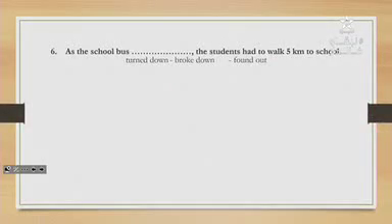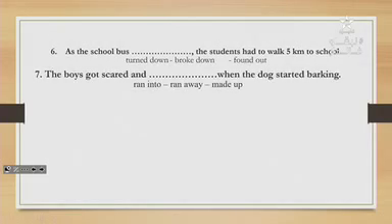Number 6: as the school bus ___, the students had to walk 5 kilometers to school. We have here turned down, broke down, or found out. Number 7: the boys got scared when the dog started barking. Is it run into, run away, or made up?